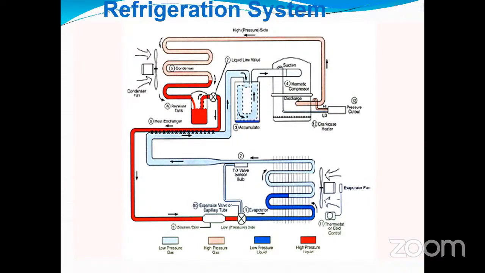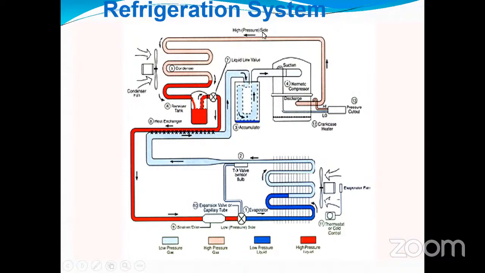So in the refrigeration system, if we start from the compressor, the refrigerant gas is compressed to a high pressure and high temperature vapor. Then it goes to the condenser.